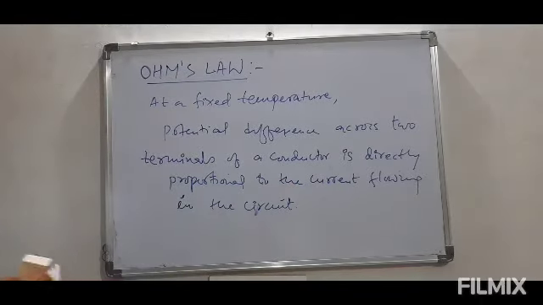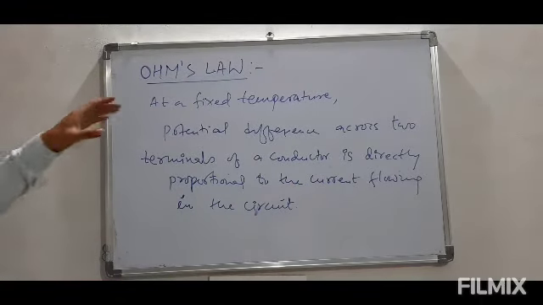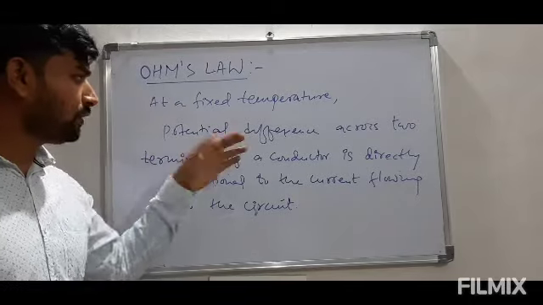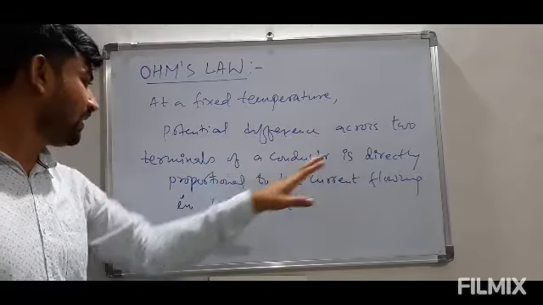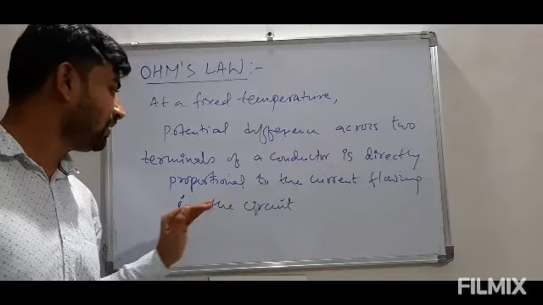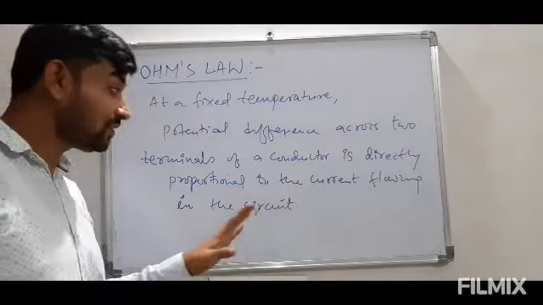So this is what we call Ohm's law. At a fixed temperature, potential difference across two terminals of a conductor is directly proportional to the current flowing through the circuit.